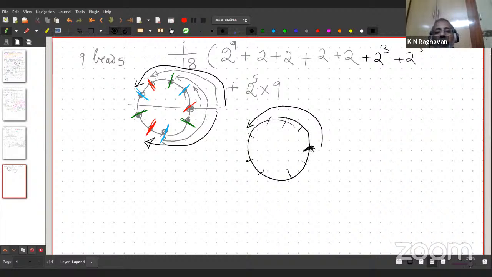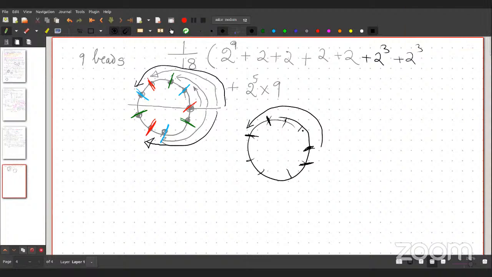Whatever is here is here. So I go by steps of 4. 1, 2, 3, 4. Whatever is here, 1, 2, 3, 4, is here, correct? And then whatever is here, 1, 2, 3, 4, is here. So 2 colors. Just 2 colors.